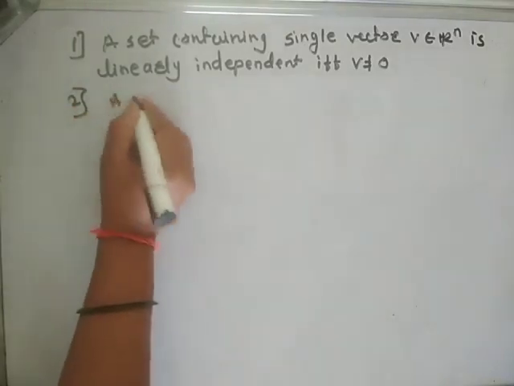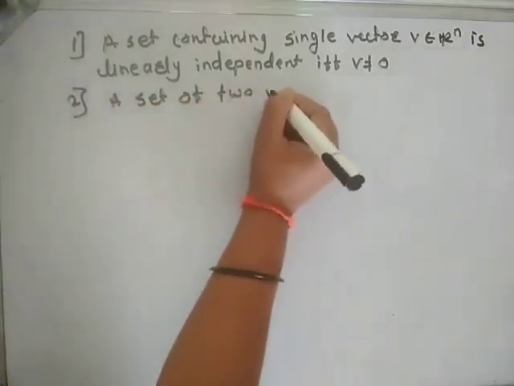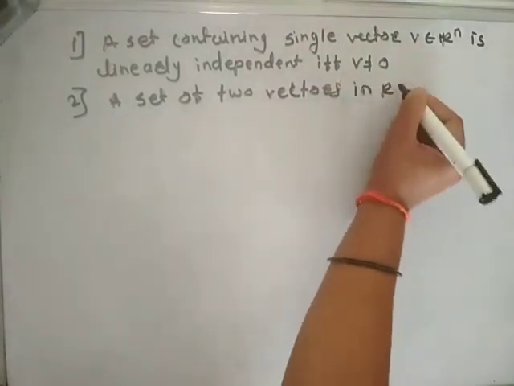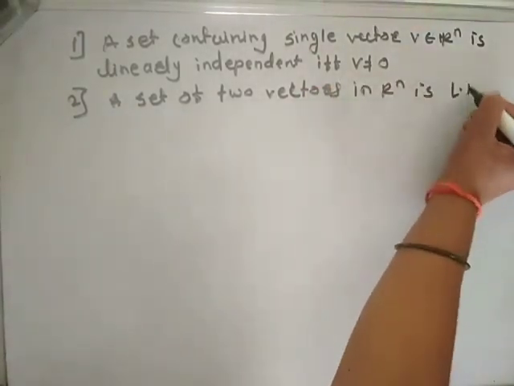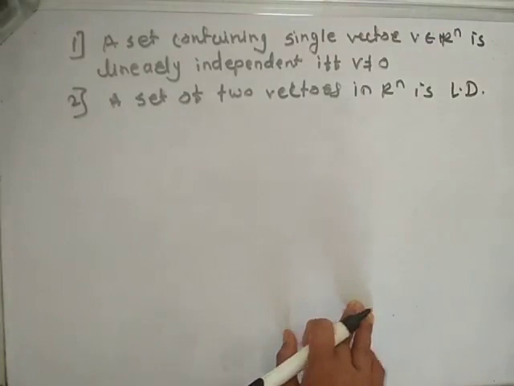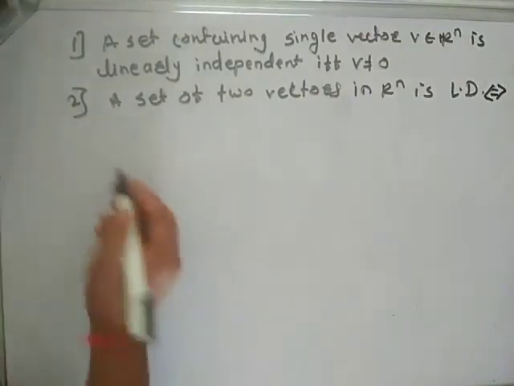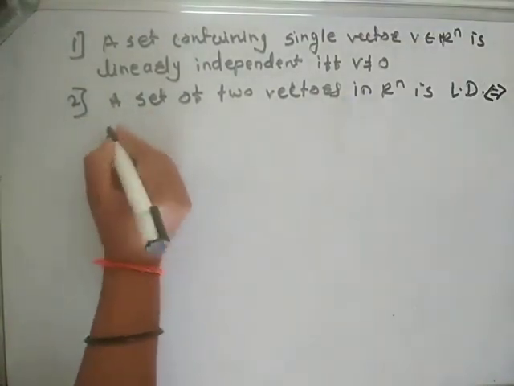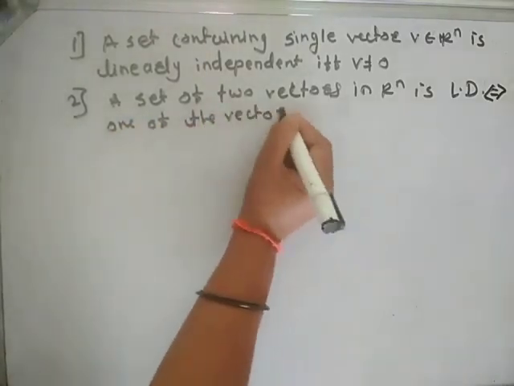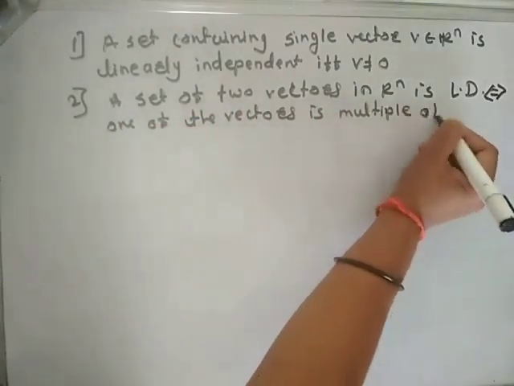Second is, a set of two vectors in Rn is linearly dependent. For linearly dependent I will write LD, and linearly independent, LI. If and only if one of the vectors is a multiple of the other.